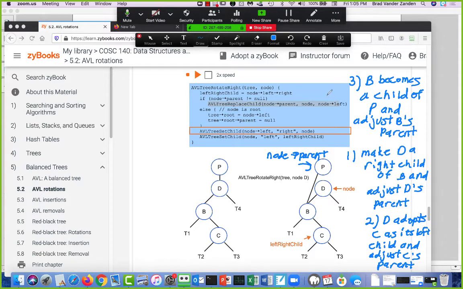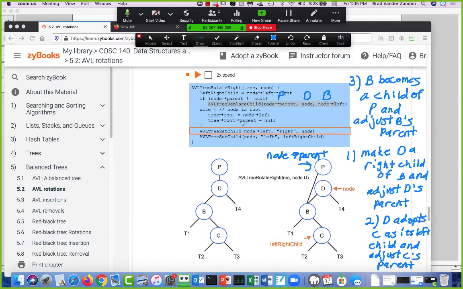So node left is B, node is D, the parent node is P. So we're replacing D with B, and when we're done, P points to B, and we've adjusted B's parent pointer. I'm not going to go back and look at the code for tree replace child. We did that on Tuesday.